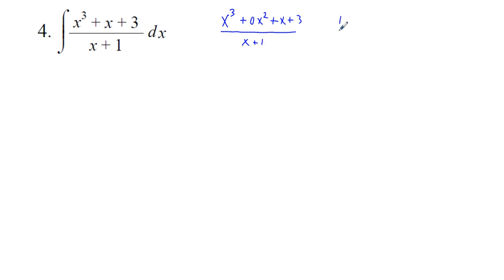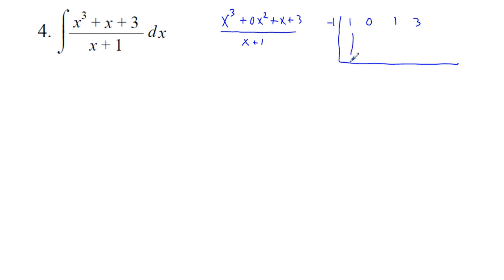And now we're going to set up a synthetic division here to the upper right, and our 0 for this denominator is going to be -1. So it's like if we set x plus 1 equal to 0, the value of the 0 is -1. So we put the coefficients of x cubed, x squared here, x, and our number right here.